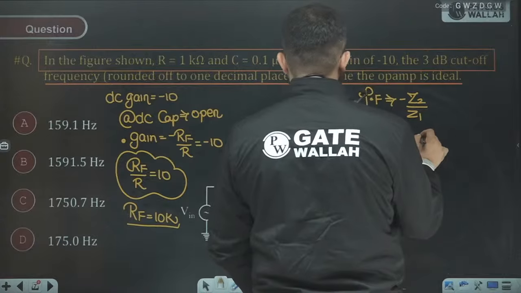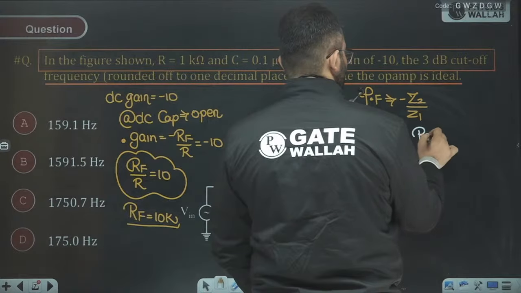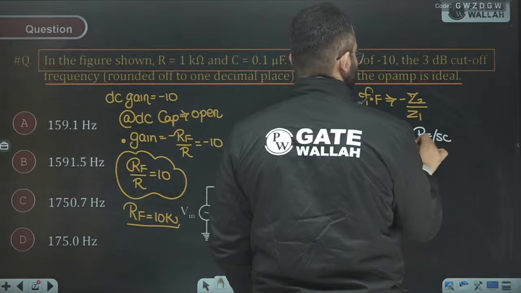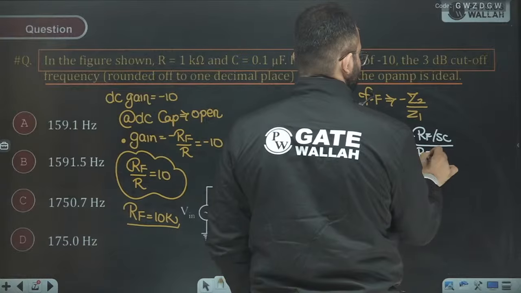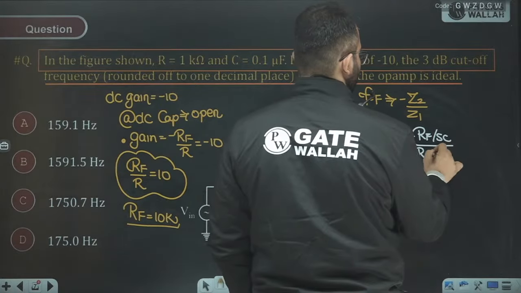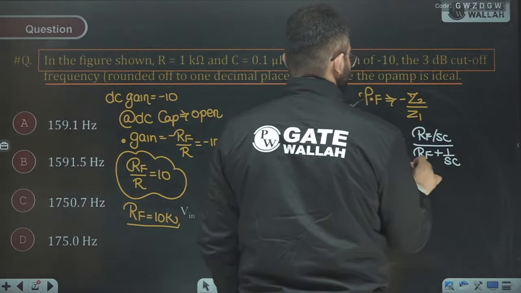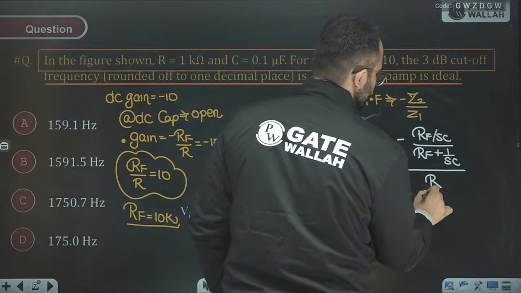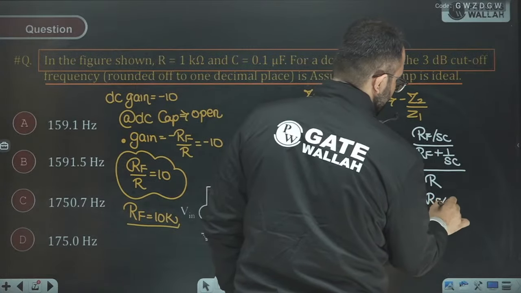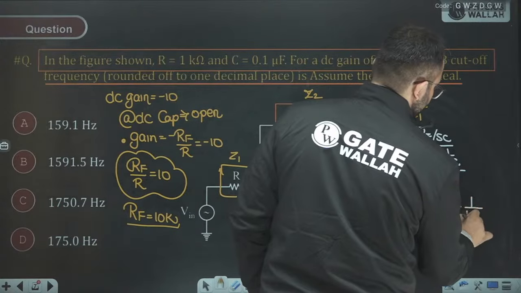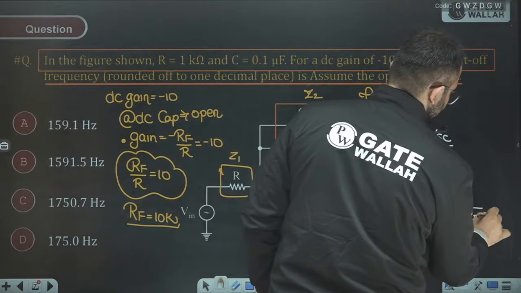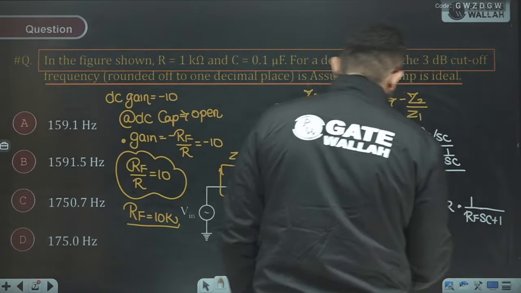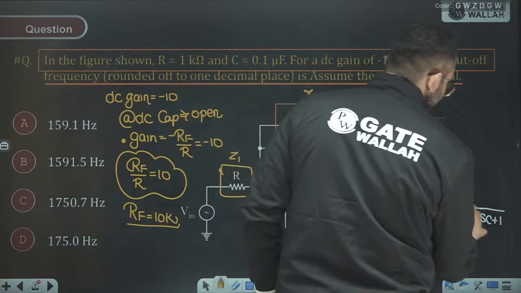It is equal to minus RF upon SC divided by RF plus 1 upon SC, divided by R, that is equal to minus RF upon R multiplied by 1 upon (RF SC plus 1). So what is the cutoff frequency?